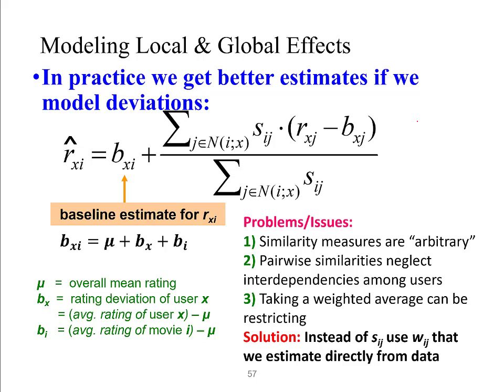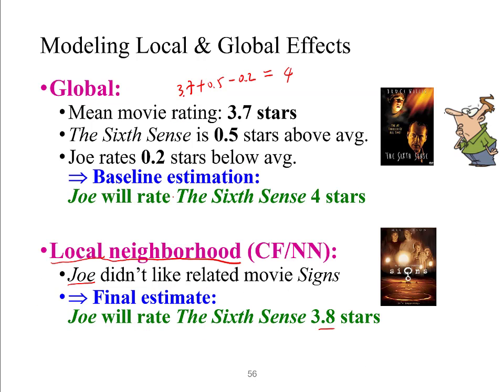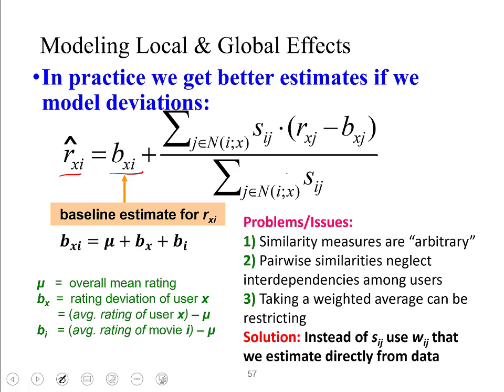So basically, the idea is that we get better estimates if we model deviations. This b_xi is the predicted rating, so let's start from b_xi. This b_xi is the baseline estimation of r_xi. So b_xi equals mu plus b_x plus b_i. The idea is illustrated here.